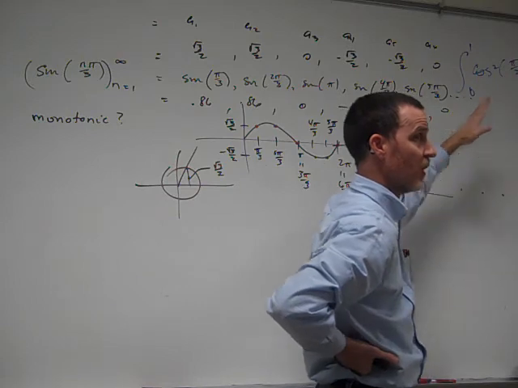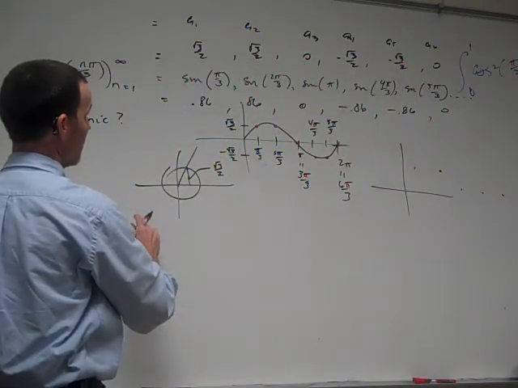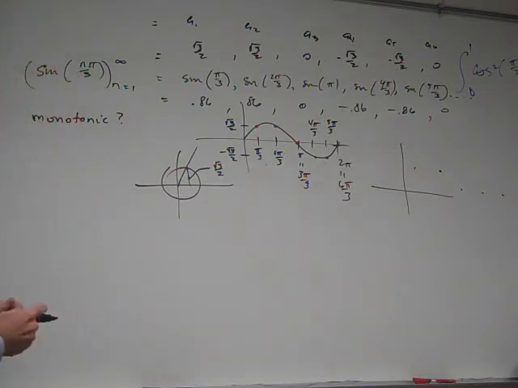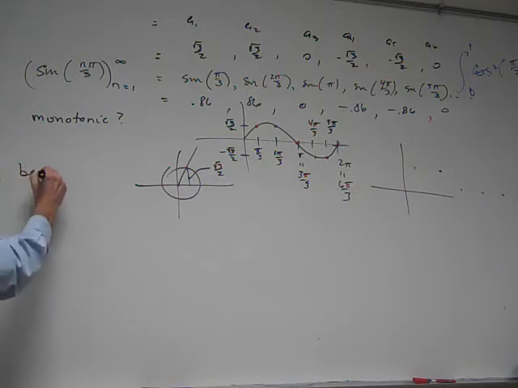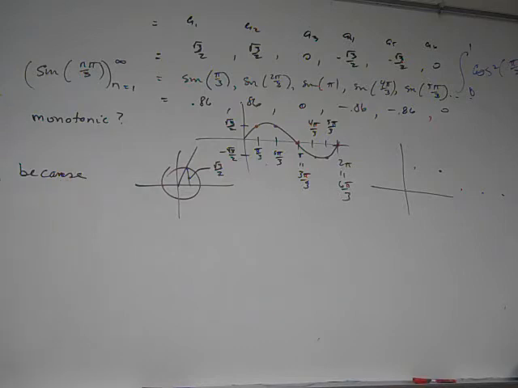So what do I have to write on a test if I say prove this is monotonic or state why it's not? What do I have to say? It's not non-increasing because what? Let's see. Yeah, now I gotta think.